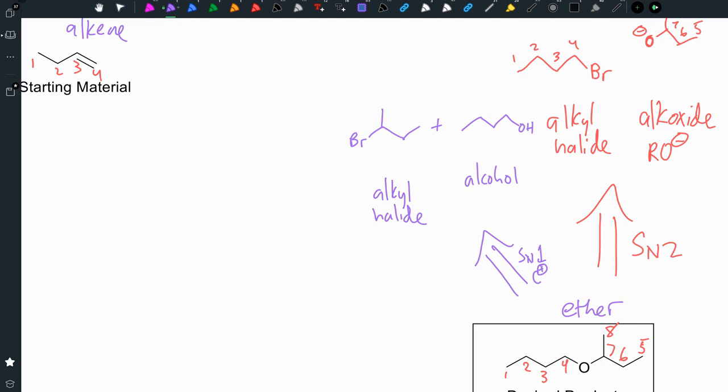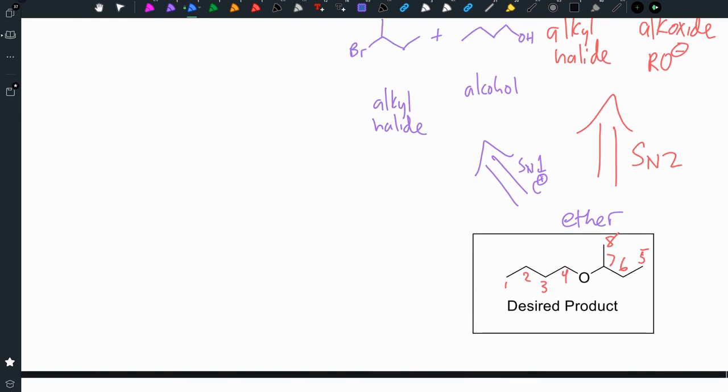And then my last possibility, I said, would be to react an alkene with an alcohol. So in this case, I know that the RO group would be with an acid catalyst. Again, I know this is going to go through a carbocation. So the carbocation is going to have to be on carbon 7 then.